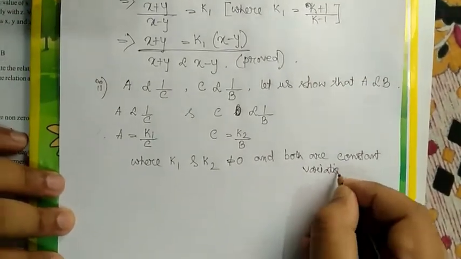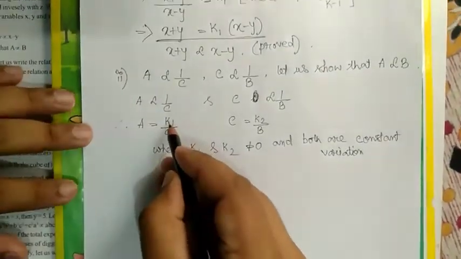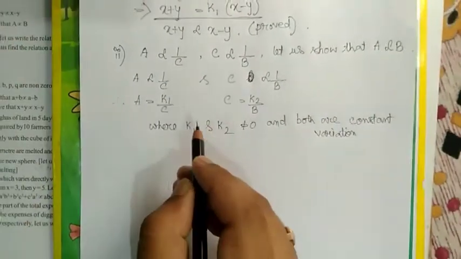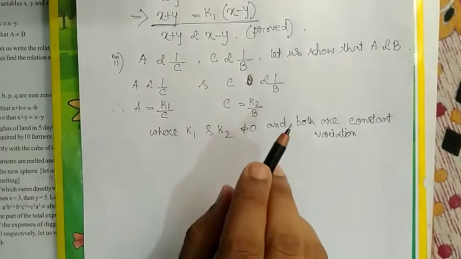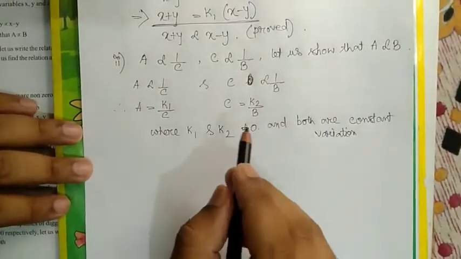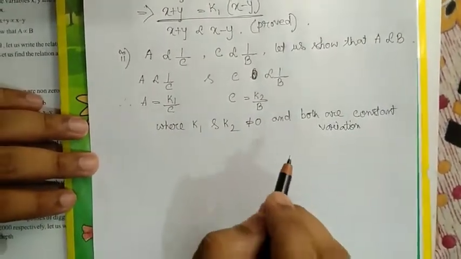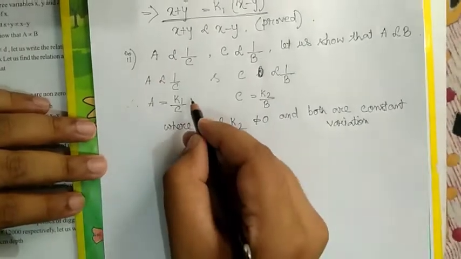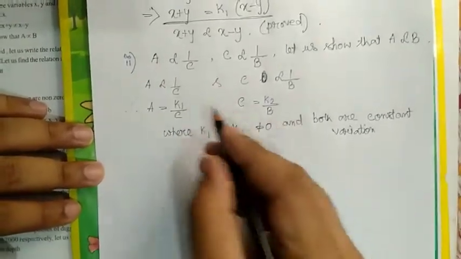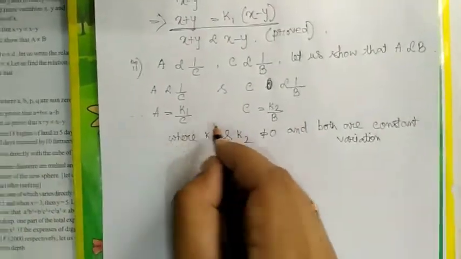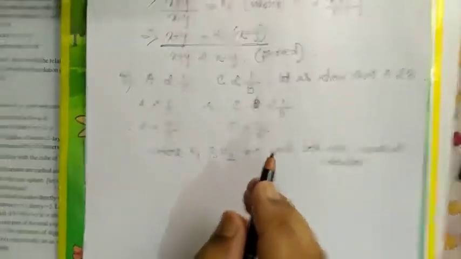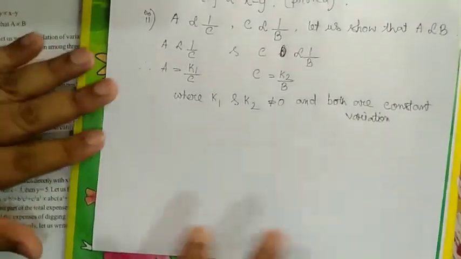Now here the question is why I can write this one as k1 and this one as k2, because both are constants of variation, but both of these are not equal, they are different. That's why we have to write first one is k1 and second one is k2. If anyone wants to write ka and kb, that should be okay, no problem there.